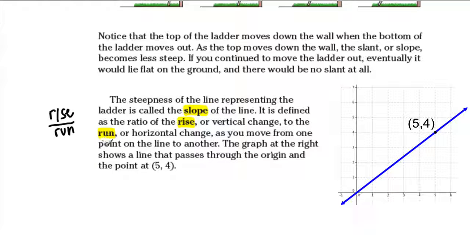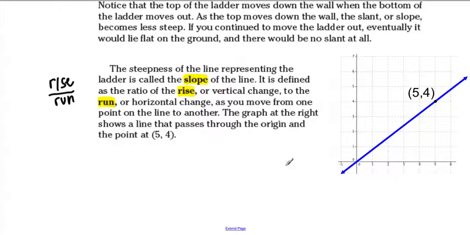As you move from one point of the line to another, the graph at the right shows a line that passes through the origin and the point (5, 4). You have the origin right here and it passes through (5, 4).